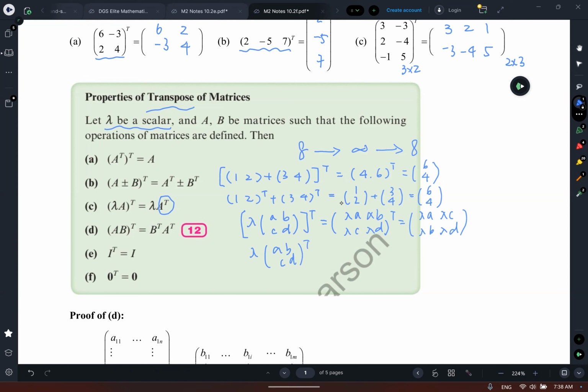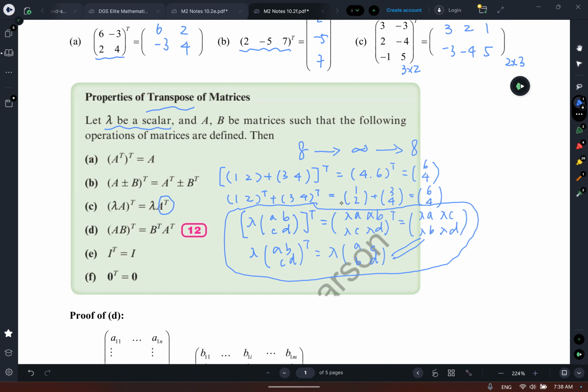Should they be the same? Now, this can be seen as a proof for a 2x2 matrix. I think it's also true for any other matrix. So lambda A transpose is equal to lambda times A transpose.